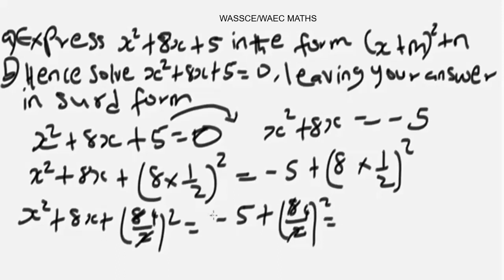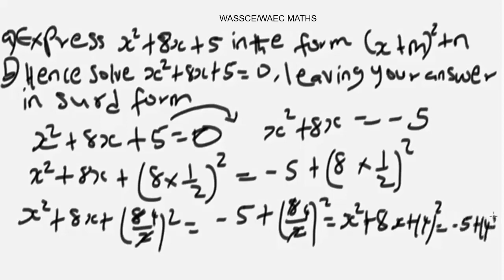So this cancels, we have 4 here and 4 here. When you simplify, we have x squared plus 8x plus 4 squared equals minus 5 plus 4 squared. Now when you break this down further, remember to simplify what you have at the right.